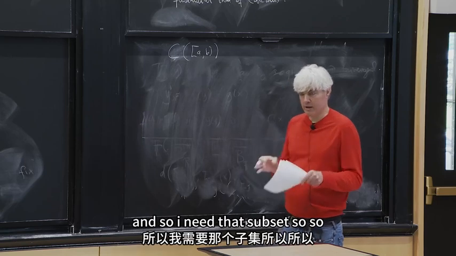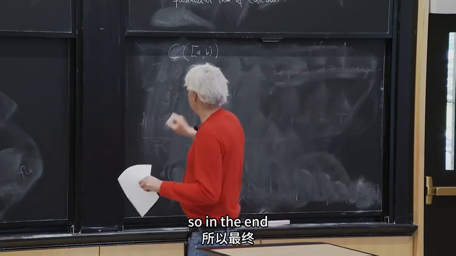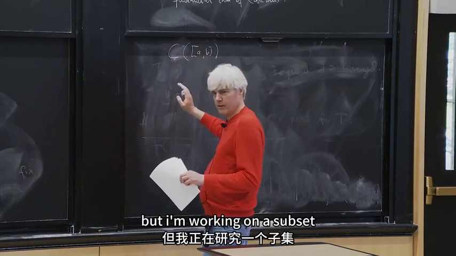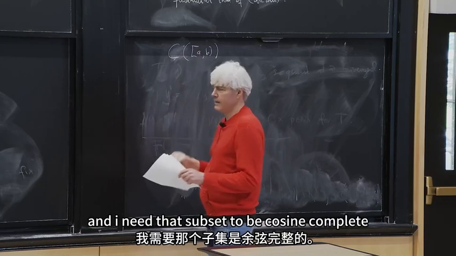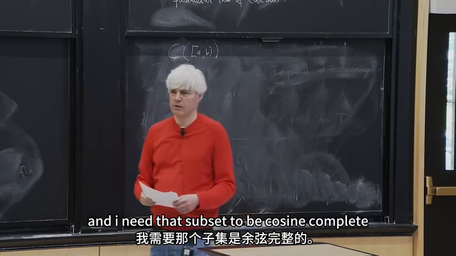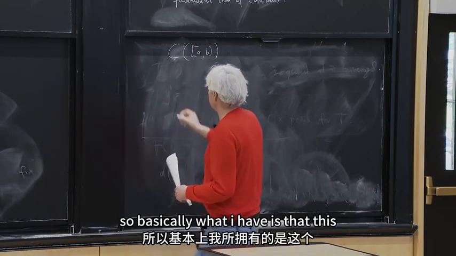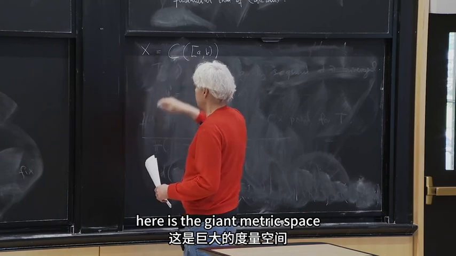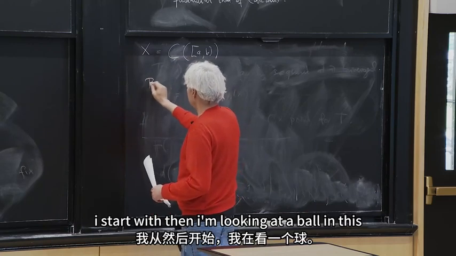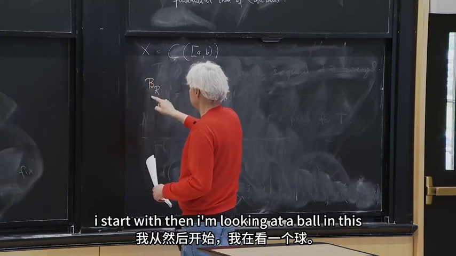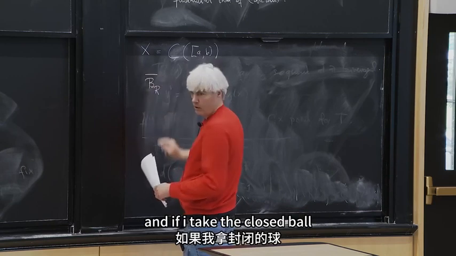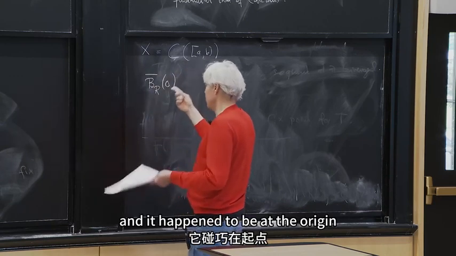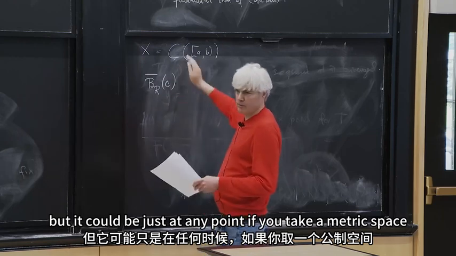And so I need that subset. So in the end, I'm not working on this, but I'm working on a subset, and I need that subset to be Cauchy complete. So basically, this here is the giant metric space I start with. Then I'm looking at a ball in this. If I take the closed ball, and it happens to be at the origin, but it could be at any point, right?